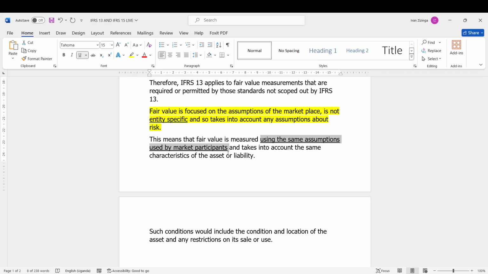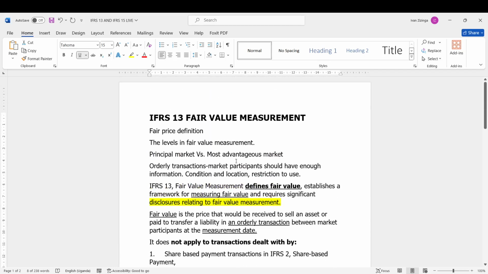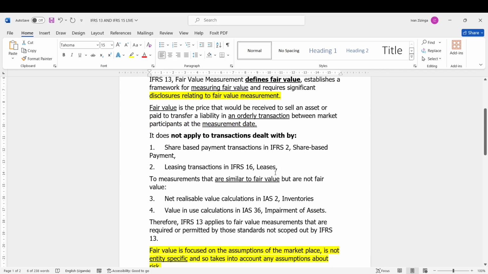And make sure that the characteristics of your asset or liability are similar to those that the market participants attach to that asset. That's why I think it was Ivan who told us that we should consider the condition, I think it was Richard, the condition, location, restriction to use.